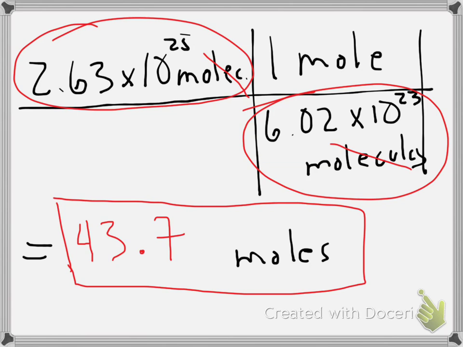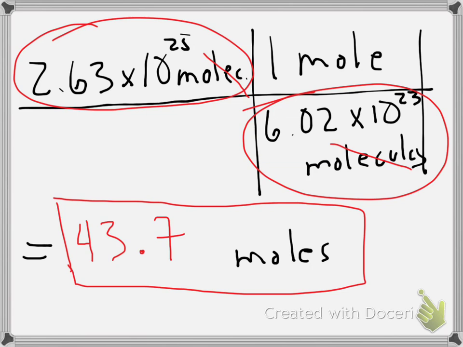Okay, so again, see if you can do that on your calculator. I'll give you about 30 seconds to do that. And again, this problem makes sense because you have a larger number. 10 to the 25th is larger than 6.02 times 10 to the 23rd, so it makes sense that you have greater than 1 mole.